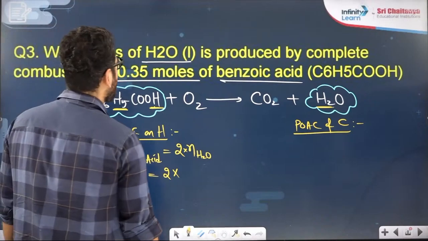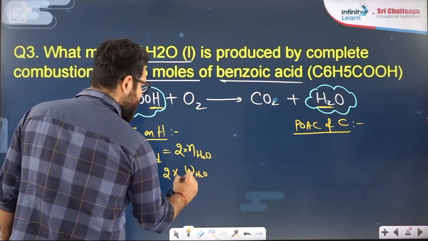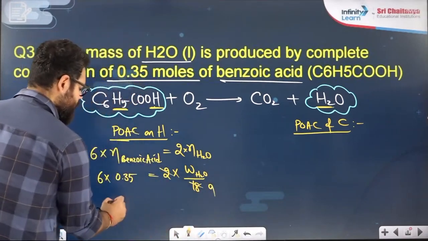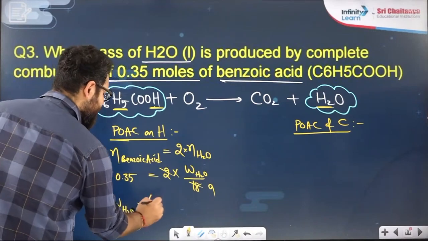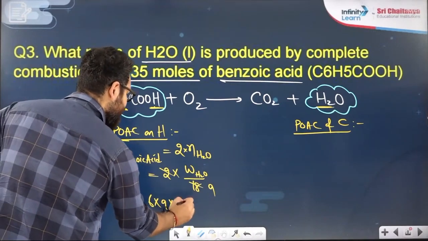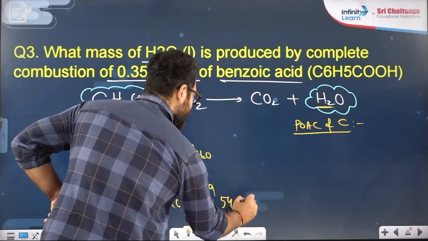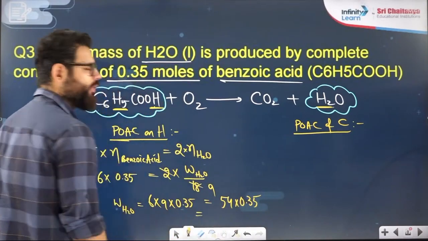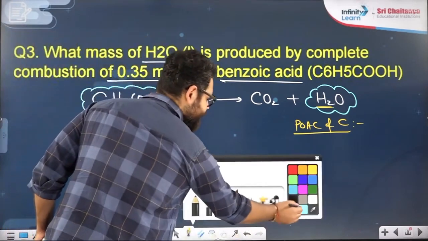I can say moles of water can be written as weight by molar mass, weight of water by 18 gram. This goes 9 times. So from here weight of H2O comes out to be 6 times 9 times 0.35, which is 54 into 0.35. Okay, 18.9, absolutely correct.